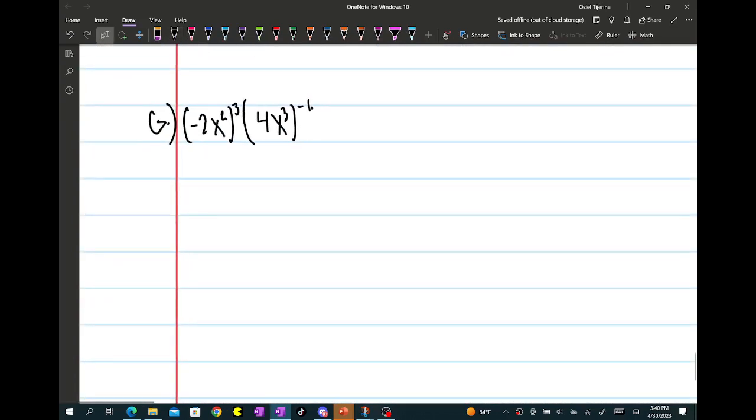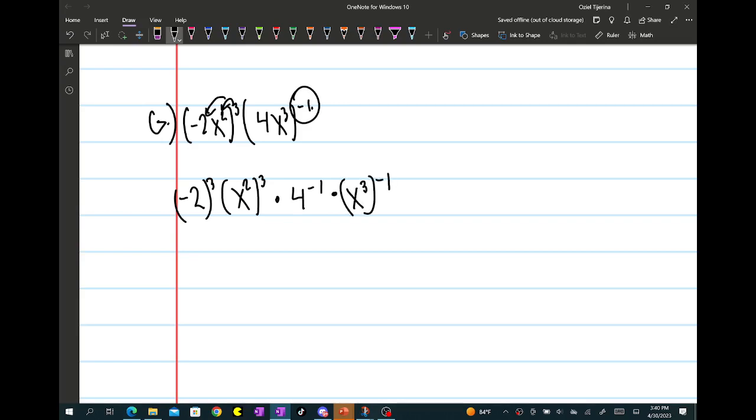Okay, we have to be careful. This is negative 2 quantity cubed times x squared quantity cubed because it distributes. And then we have a negative 1 power here. This is 4 to the negative 1 times x cubed to the negative 1 power.